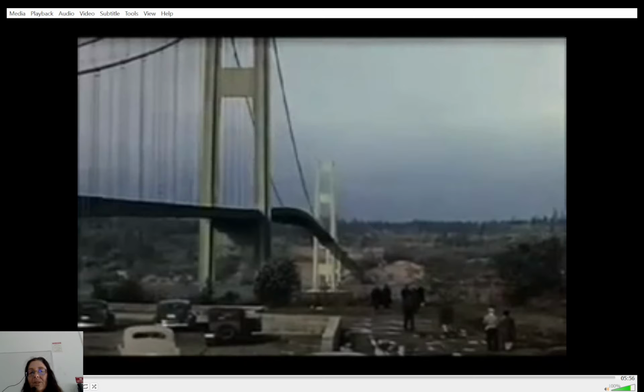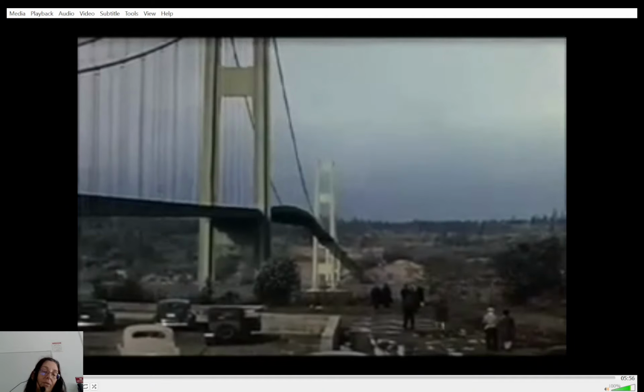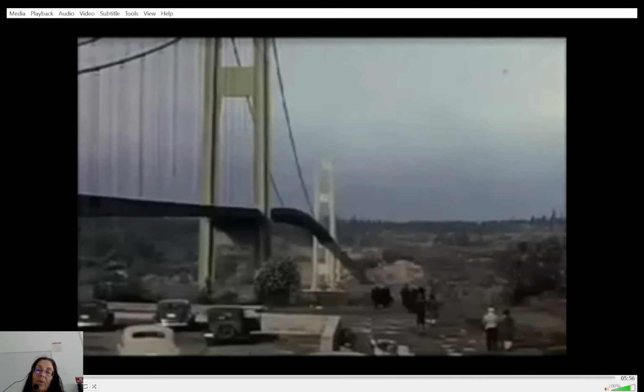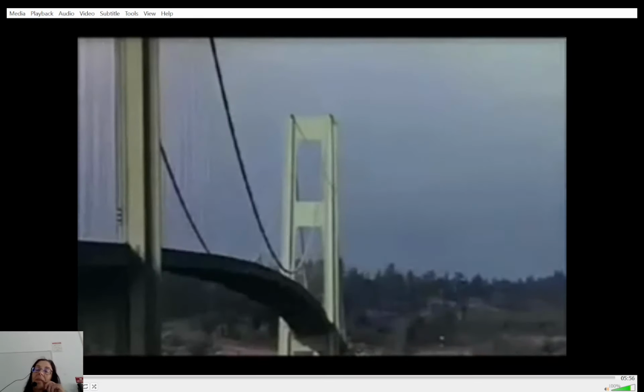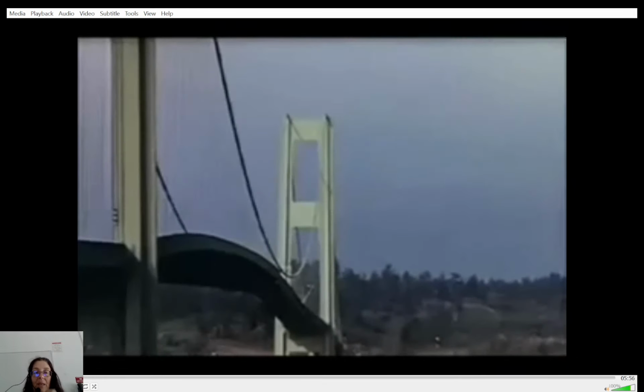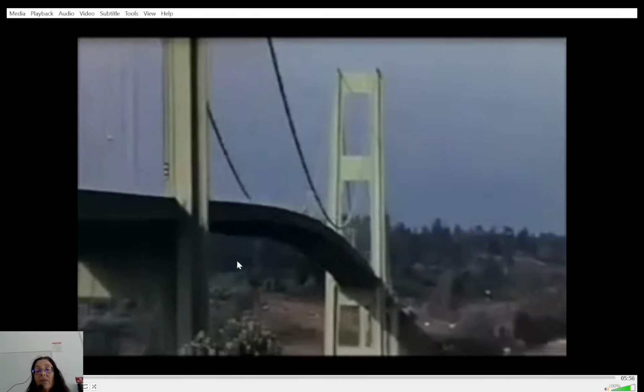Just when they opened the bridge, a very strong wind was driving the bridge back and forth, like you are pushing someone on a swing, right? If you do it the right way, it's going to go higher and higher and higher. That's called resonance. And of course, you know what happened. The wind was pushing the bridge at its resonance frequency.